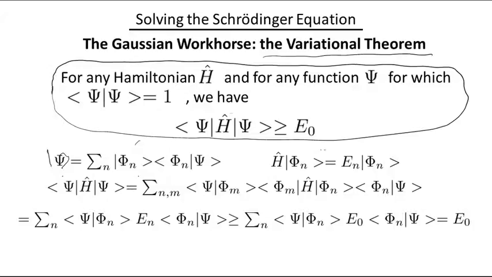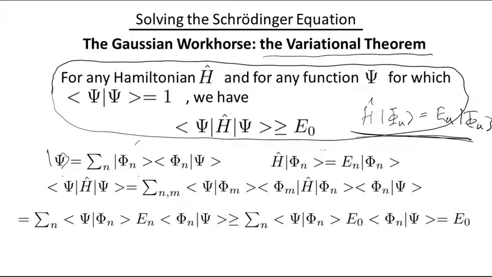Let us say that we know in principle all the eigenfunctions of the Hamiltonian. So I mean H hat phi n equals E n phi n.